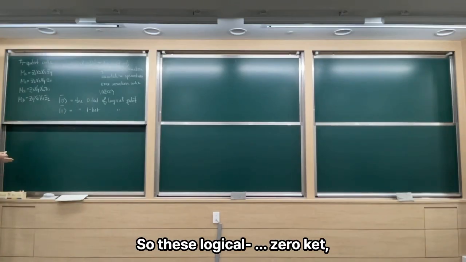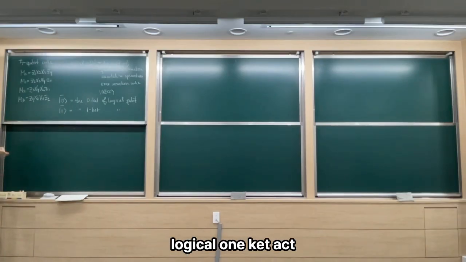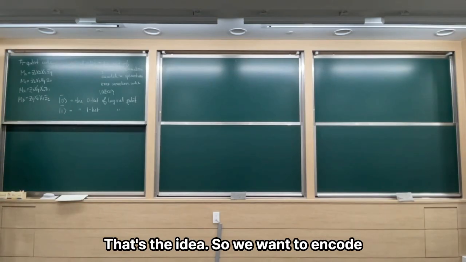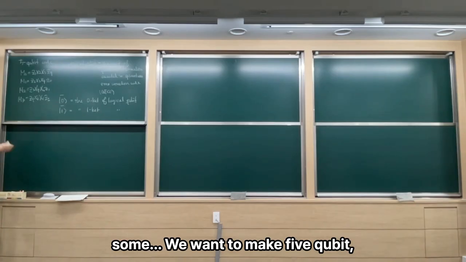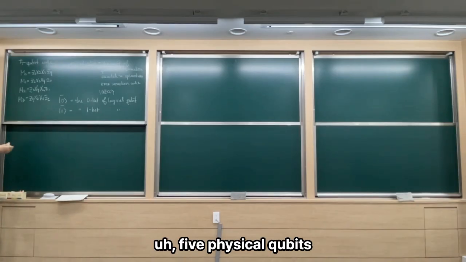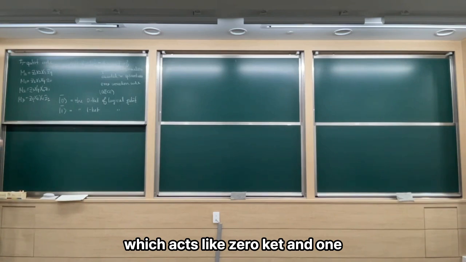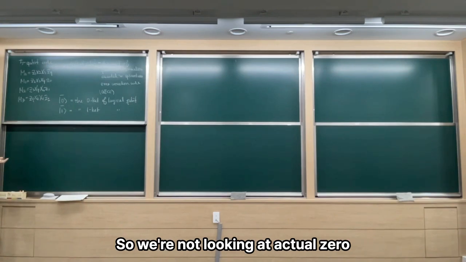These logical 0 and logical 1 kets act as if they were the 0 ket and 1 ket of a real qubit. That's the idea. We want to make 5 physical qubits hold quantum information which acts like 0 and 1 in their logical state. So we're not looking at actual 0 and 1 kets.